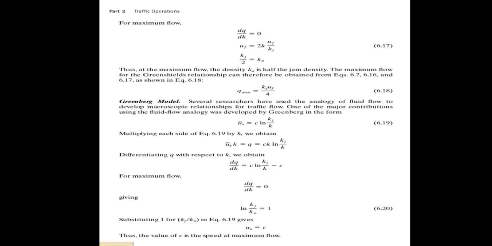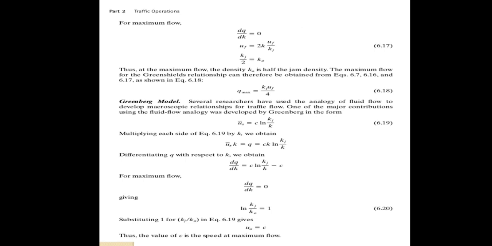Greenberg's model. Several researchers have used the analogy of fluid flow to develop macroscopic relationships for traffic flow. One of the major contributions using the fluid flow analogy was developed by Greenberg.